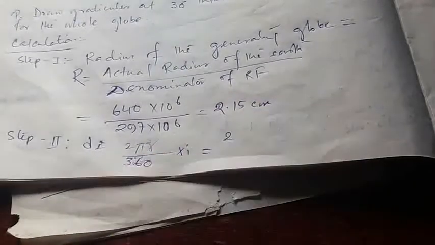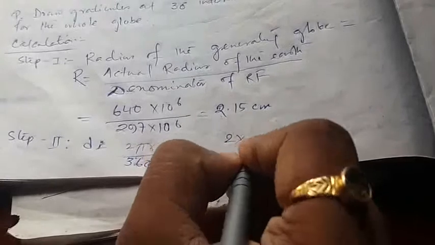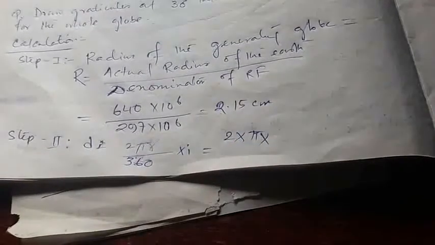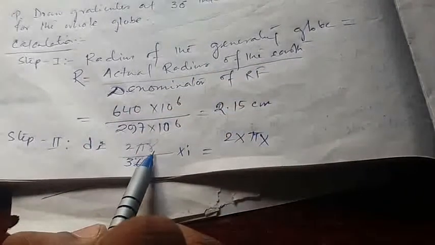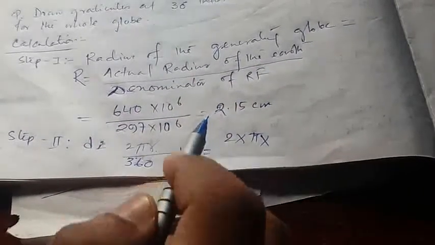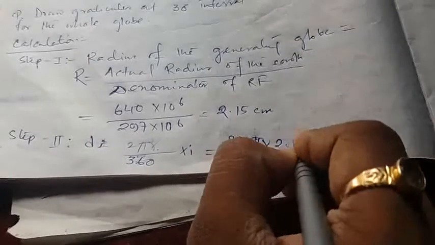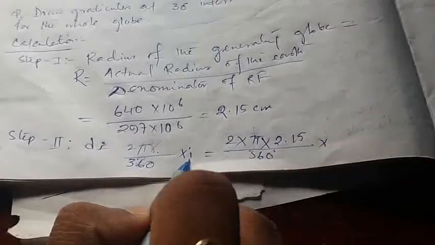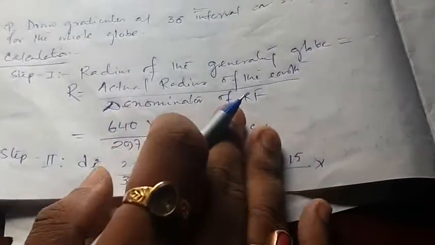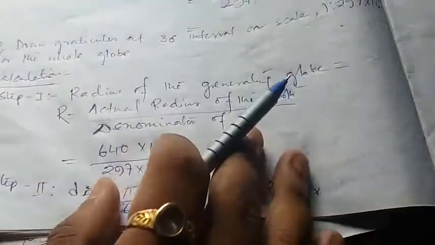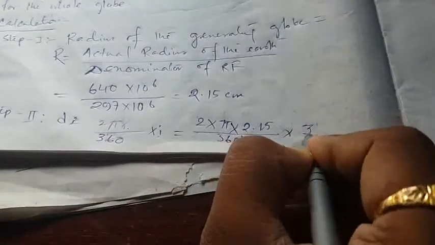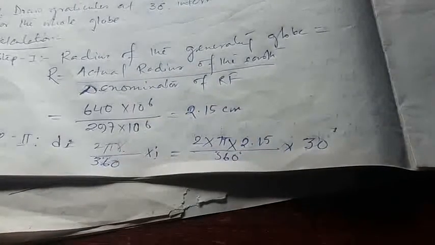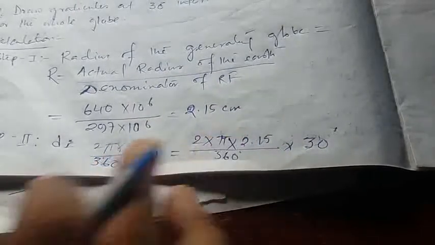So 2, then we have pi, then we have to write the value of R. We calculated R as 2.15, divided by 360, and I means the interval which has already been mentioned in the question, that is 30 degree. So write here 30 degree. Okay, now just calculate it through the calculator.